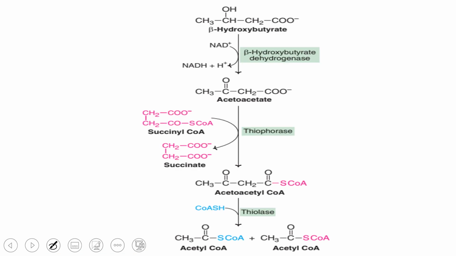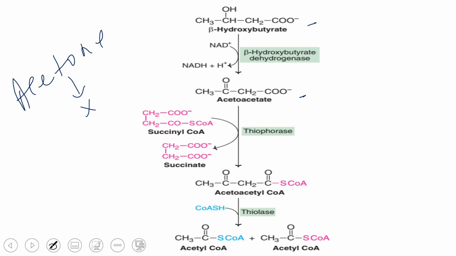This is the metabolic process of degradation of ketone body. You know that we are having 3 different ketone bodies in our body: beta hydroxybutyrate, acetoacetate and acetone. Normally acetone does not go for metabolic process. Acetone will not be metabolized in any case, so only 2 ketone bodies can be metabolized.